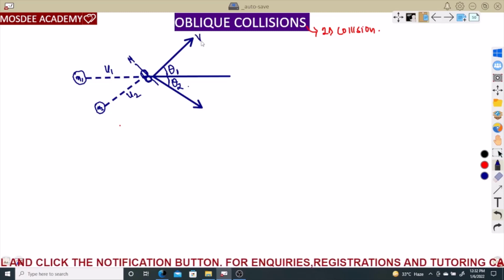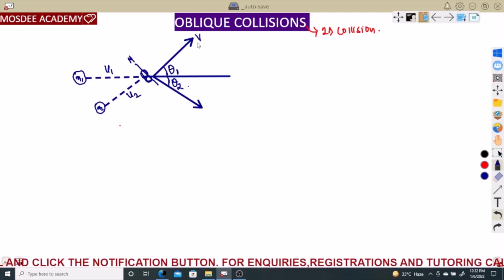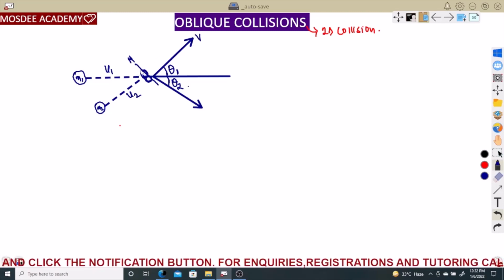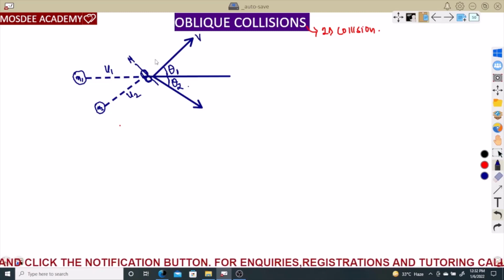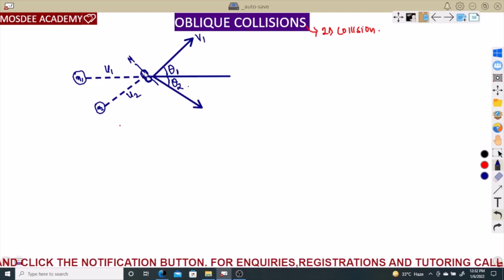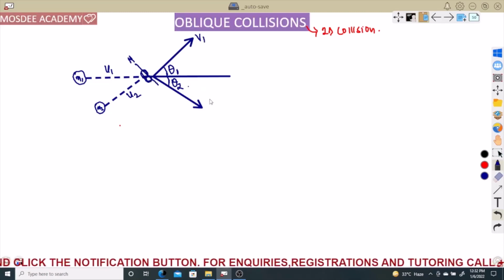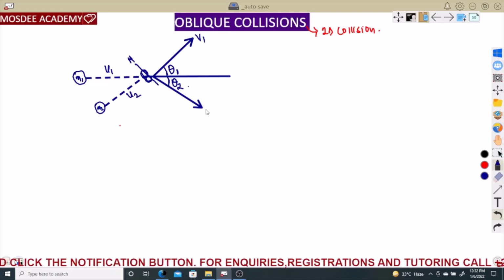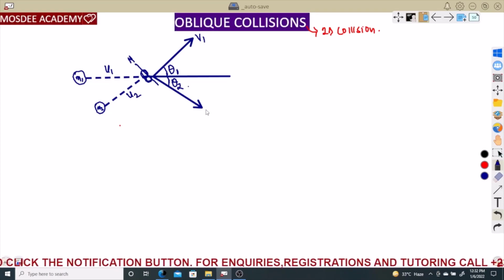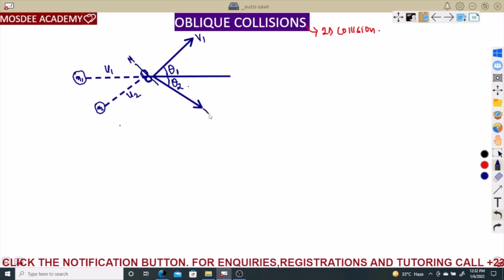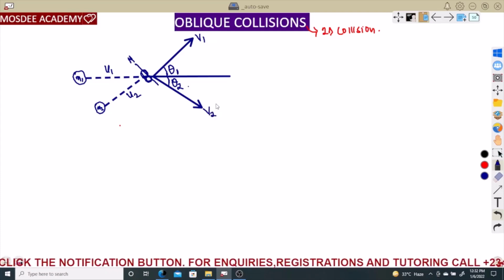Let's say this first one was the one that moved like this. So V1, the first one after colliding, moves like this. Then the second one after colliding moves like this. This is V2.